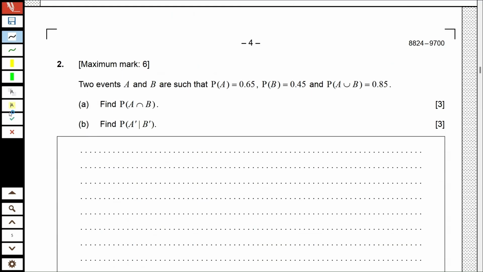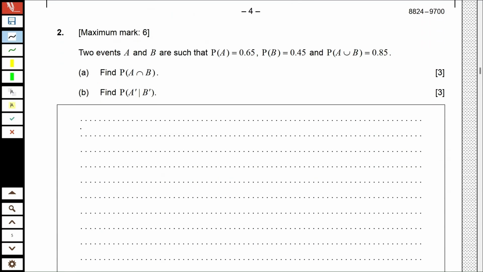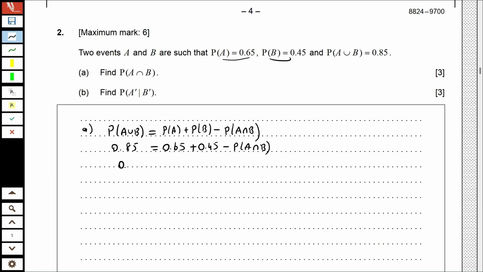Find the probability of the intersection of A and B. If we use the formula, the probability of the union of A and B equals probability of A plus probability of B minus probability of the intersection of A and B. So 0.85 equals, if we add them, 1.1 minus the probability of the intersection of A and B. In this case, the probability of the intersection equals 1.1 minus 0.85, which is 0.25.